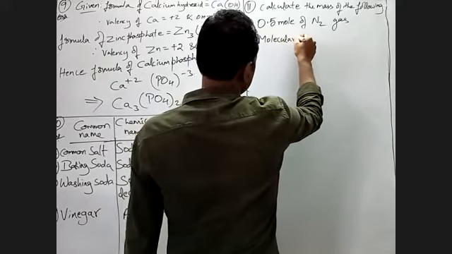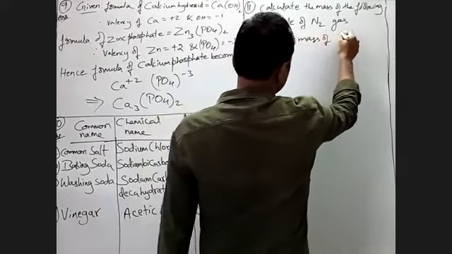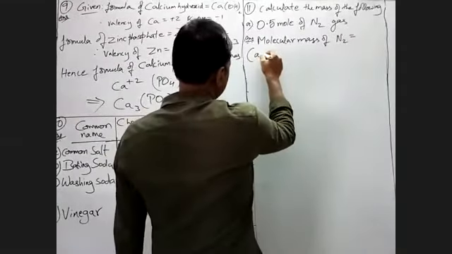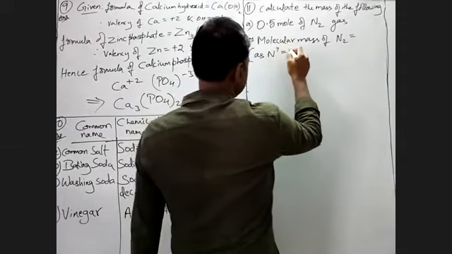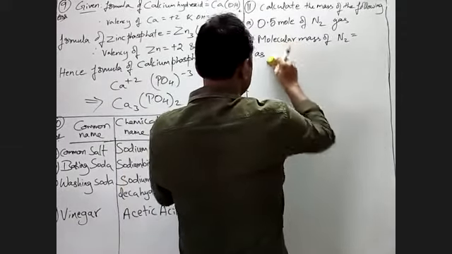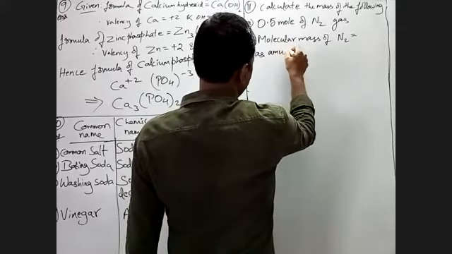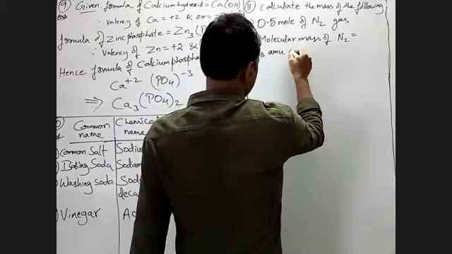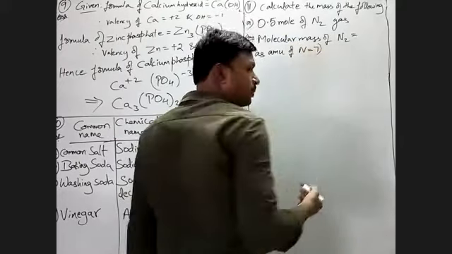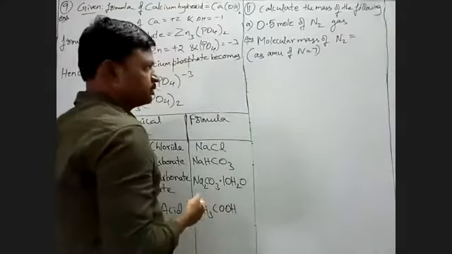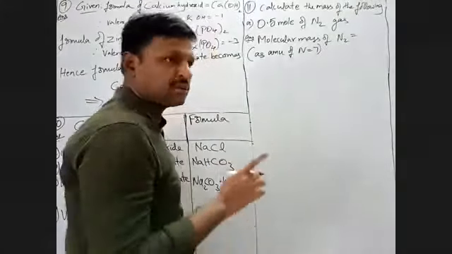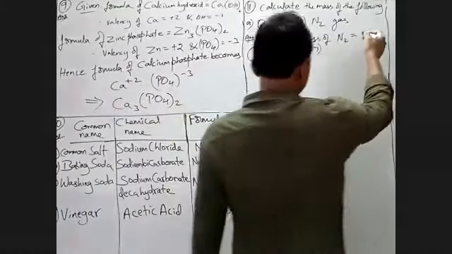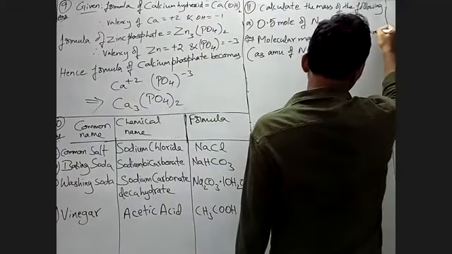Molecular mass of N2: atomic mass of nitrogen is 14 AMU, therefore N2 is 28 AMU.